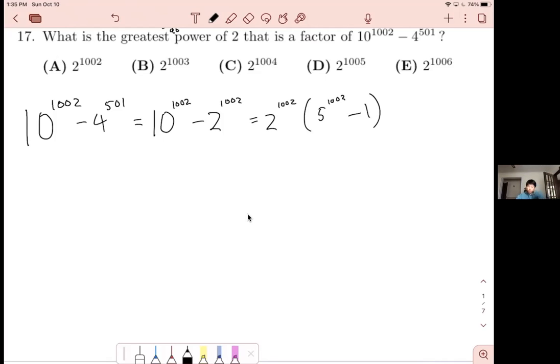So now we just need to find how many 2's factor into this. And there's this high-powered technique called lifting the exponent.